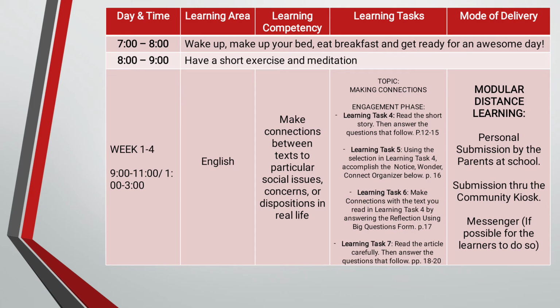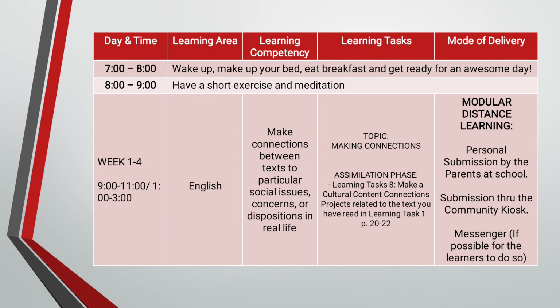There's no need for you to let them answer all of the learning tasks that are embedded in the SLMs. For the assimilation phase, I have only one learning task.